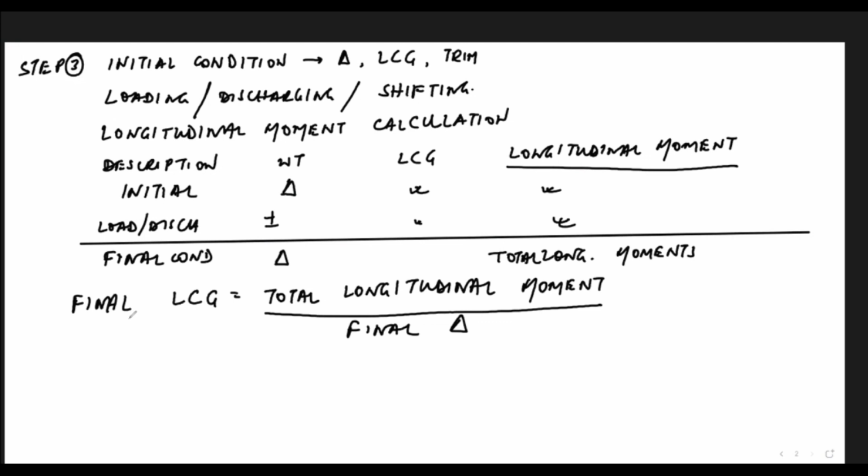Sir, will the LCG of whatever operation, loading or discharging, be given? Usually the weight and the LCG are not given. They will tell you number 1 hold, number 2 hold, number 3 twin deck, number 4 twin deck, maybe number 2 double bottom, number 4 double bottom.